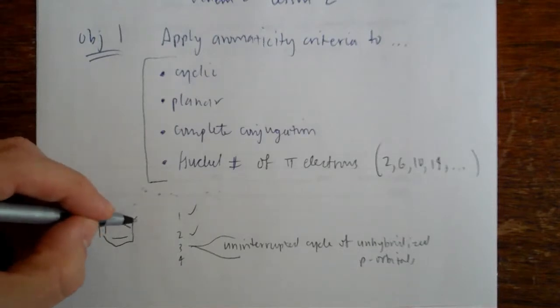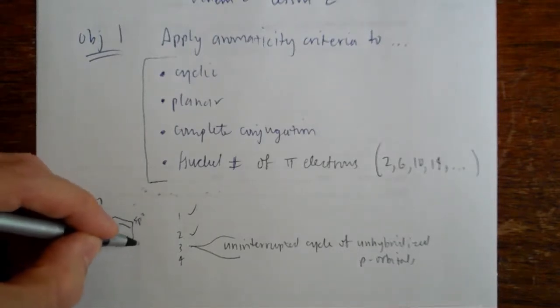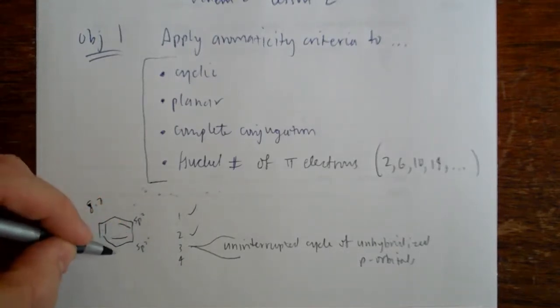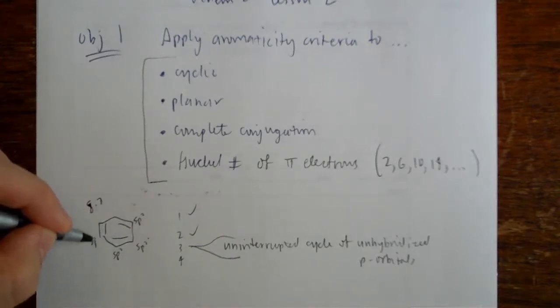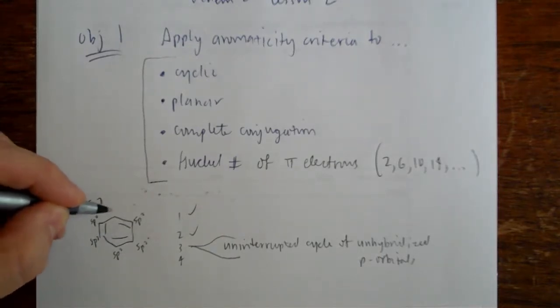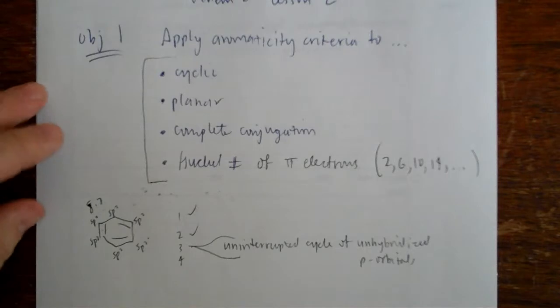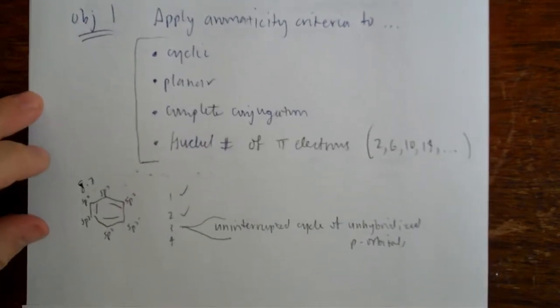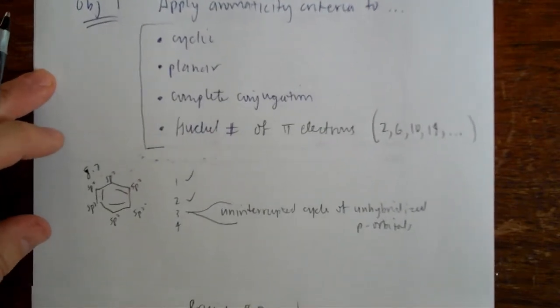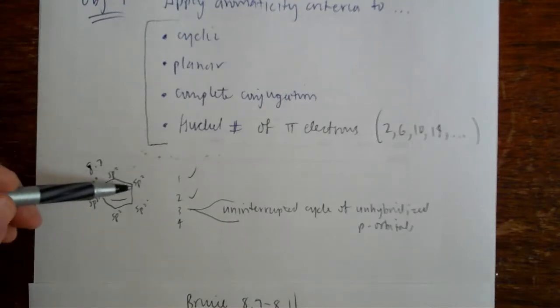In other words, this is sp2 hybridized, this is sp2 hybridized, this is sp2 hybridized, this is sp2 hybridized, this is sp2 hybridized, and this is sp2 hybridized. Pardon me, I'm blotching here with this black ink. And that means that the remaining atomic orbital of this atom is an unhybridized p orbital, right? One of the s's is here and two of the p's are here. There's a remaining unhybridized p orbital.